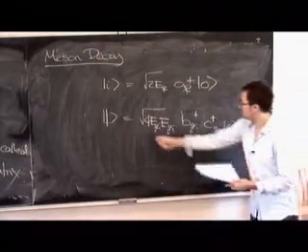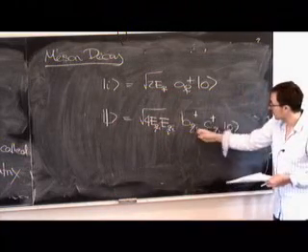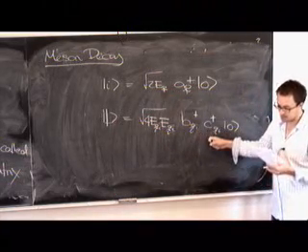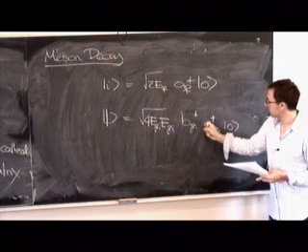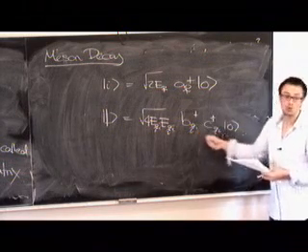Okay, same relativistic normalization factor. I'm going to call the momenta Q1 and Q2 this time, and I create a single nucleon and a single antinucleon with momenta Q1 and Q2.